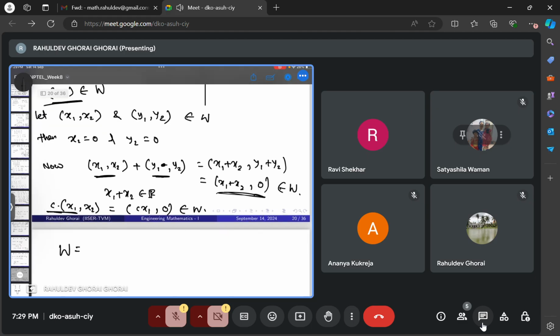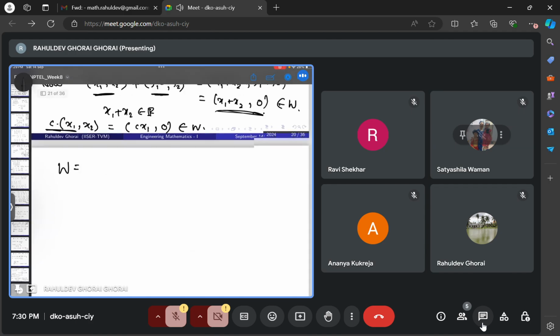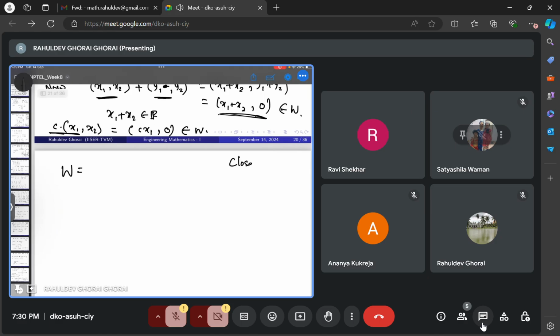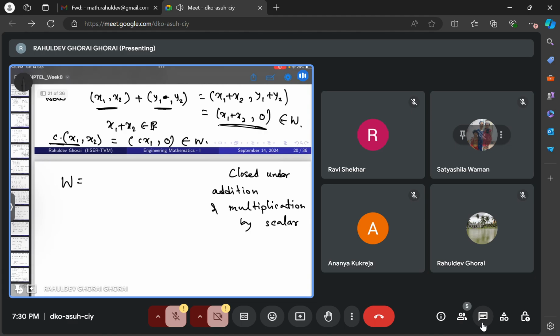So we say a vector space is closed under addition and multiplication by scalar. Scalar means the scalar belongs to the field over which it is a vector space.